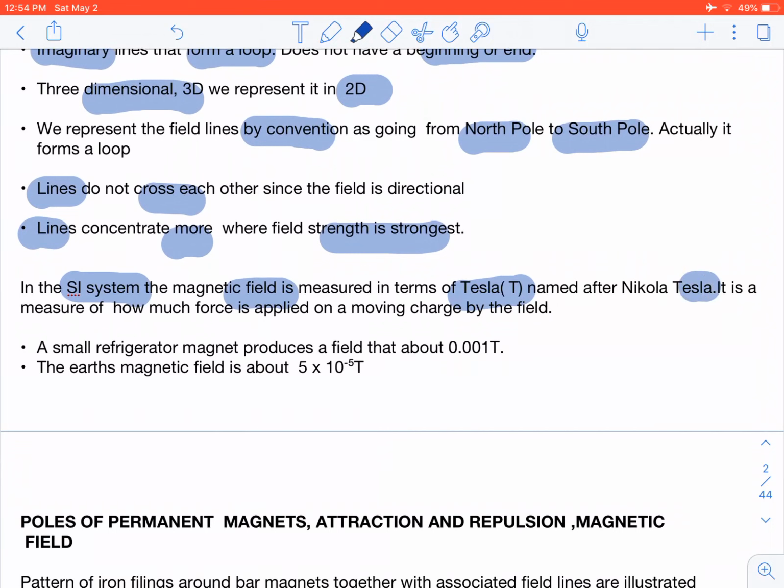The Tesla is essentially a measure of the force applied on a moving charge in the field. Just to give you an idea, a small refrigerator magnet produces a field of about 0.001 Tesla, and the Earth's magnetic field is about 5 times 10 to the minus 5 Tesla, more or less on the surface of the Earth.